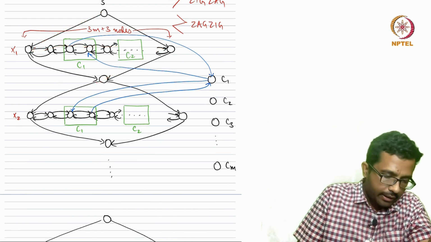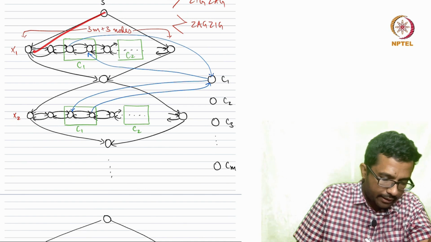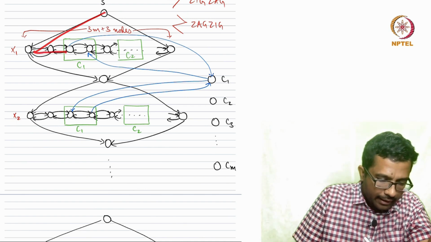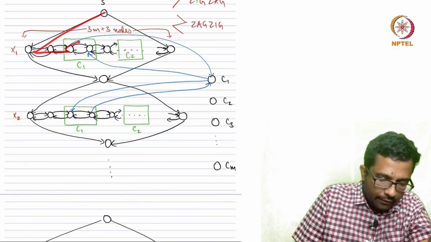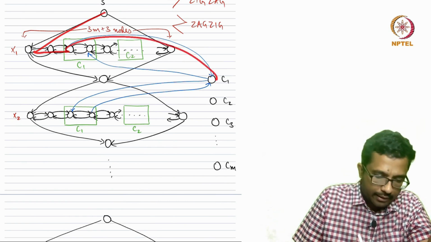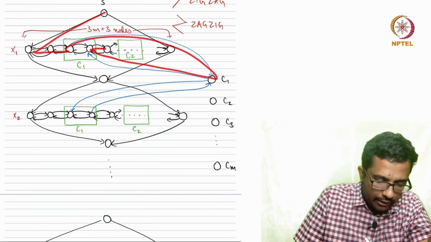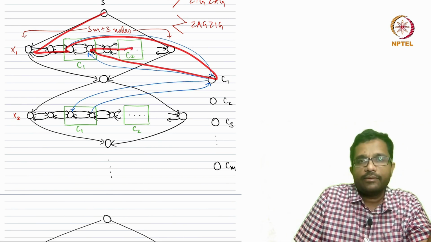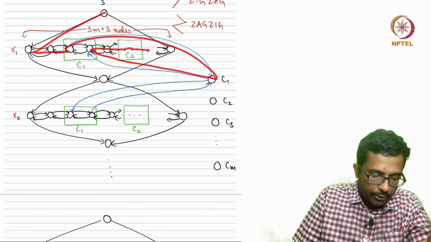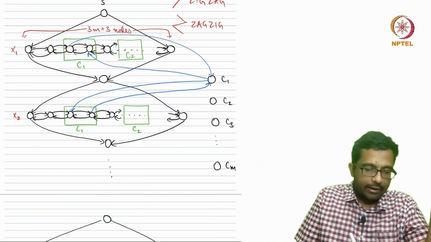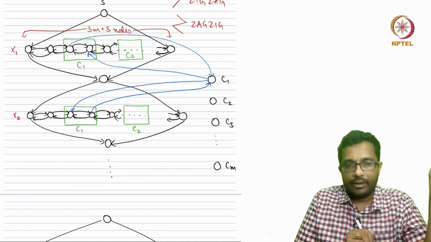It is easy because we can start from S, come to the left side, and as we are coming here, we enter this box for C1. Then we move to the clause vertex, and then we come back to the next vertex, and then we continue our zigzag journey. So that is how we will incorporate the clause vertex.